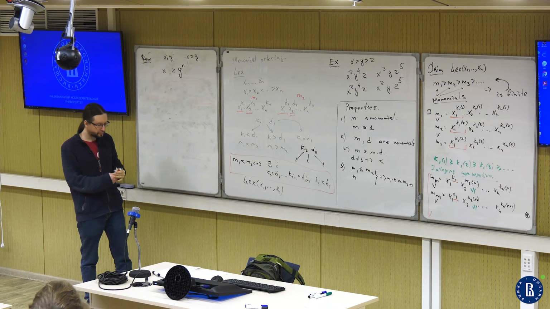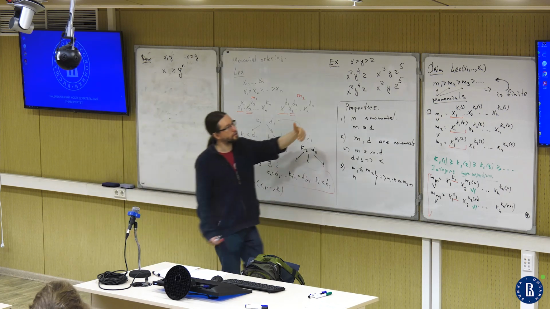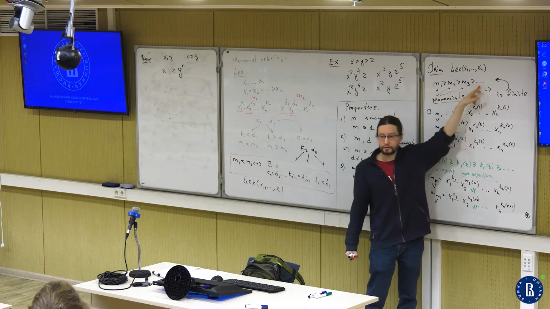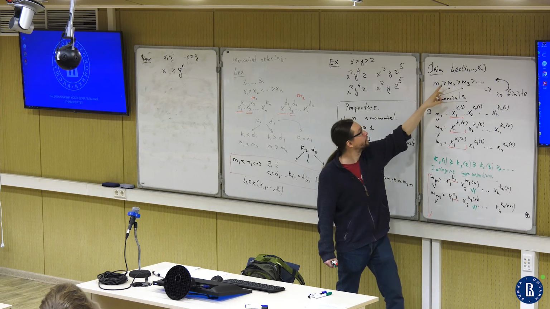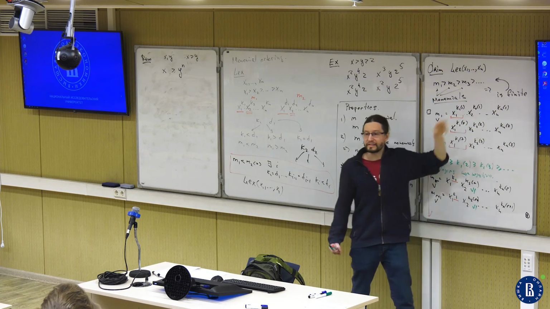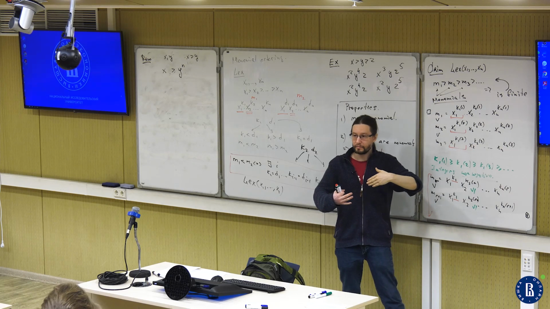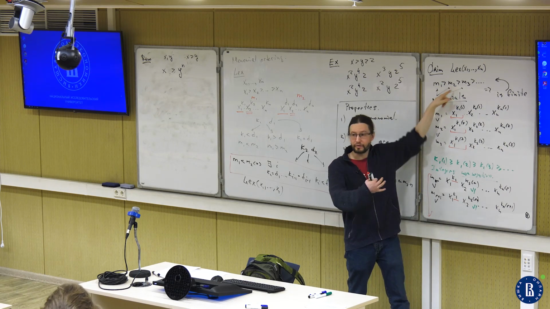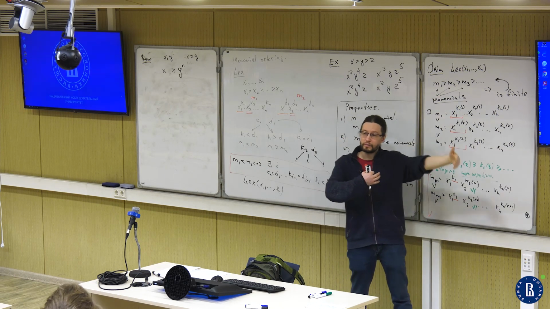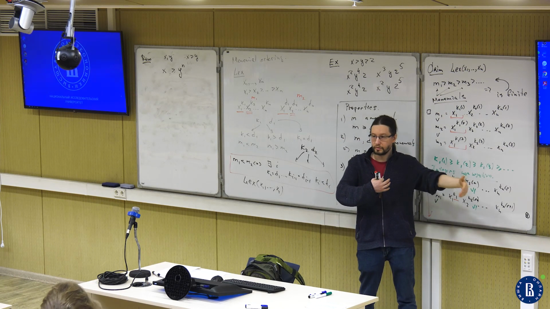So this explains that this fact is non-trivial, because if we fix a monomial m1, there are infinitely many monomials strictly smaller than m1. Then, if we take the next one, m2, there are infinitely many monomials strictly smaller than m2.